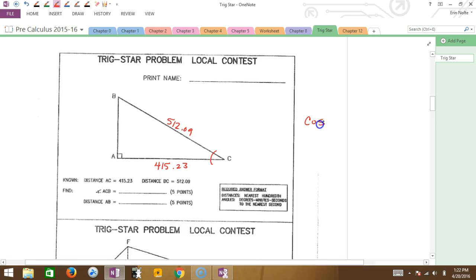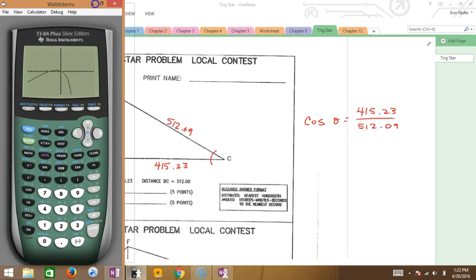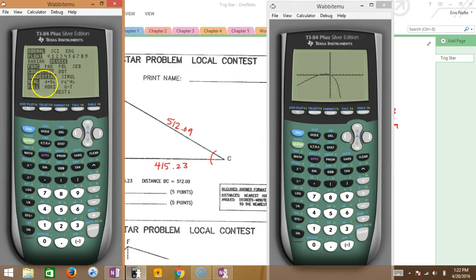This is going to be a cosine: cosine of the angle is equal to the adjacent over the hypotenuse. First thing we want to do when we grab our calculator is check our mode. Obviously we should be in degree mode, so I'm going to check my mode, make sure I'm in degrees, and I am.